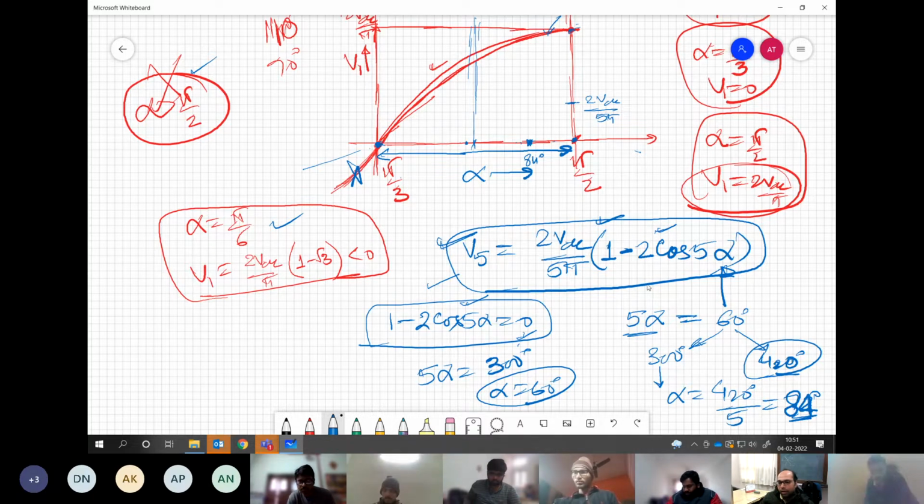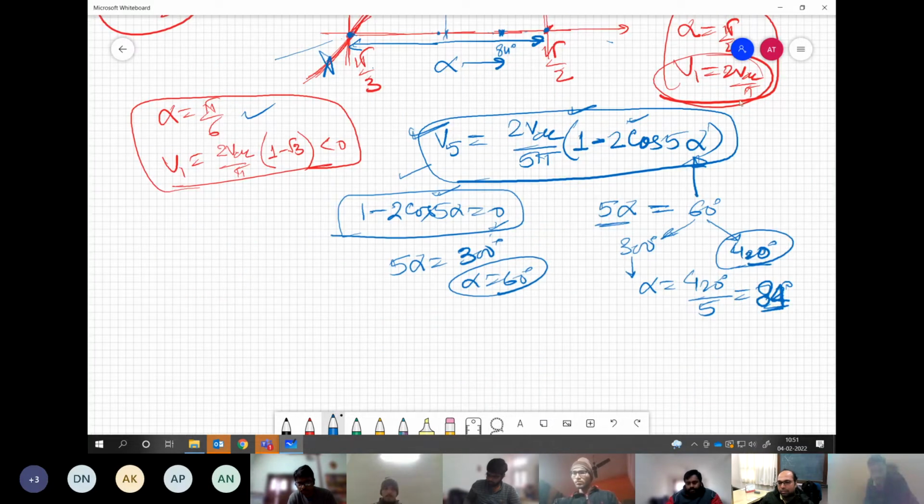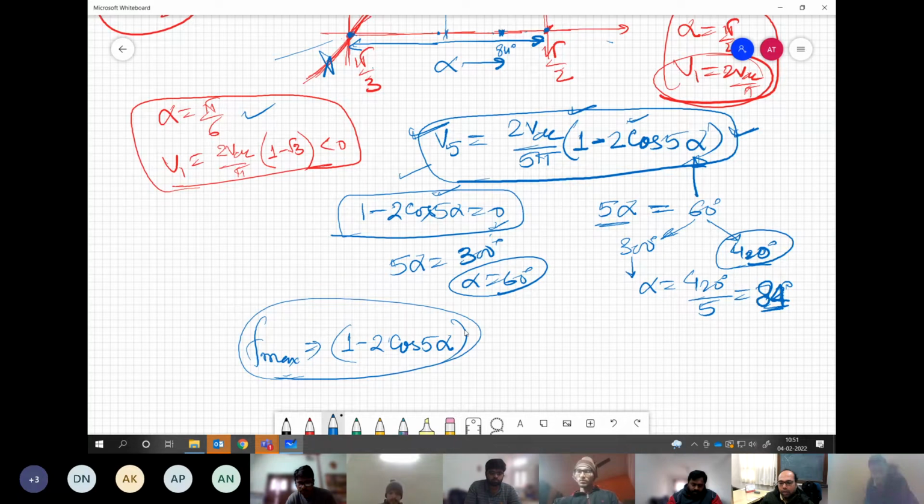So now if you try to work out at what angle this is going to maximize, you have to find out the angle at which this function is maximizing. 2 cos 5 alpha. Can you figure out the angle at which it is maximizing?